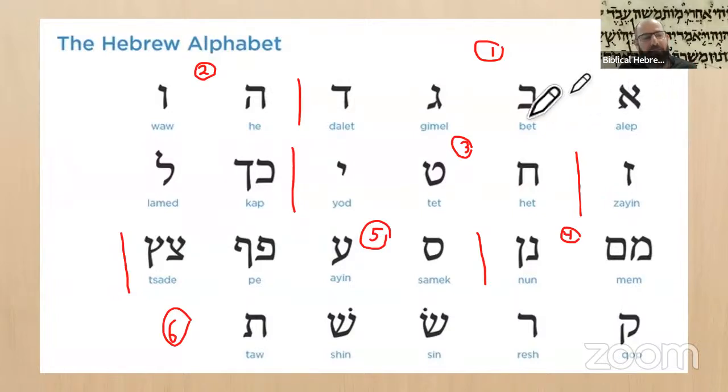Aleph is 1, Beit is 2, Gimel is 3. In English, the sounds of the alphabet do not have meanings, but in Hebrew every letter has a sound, a number, and a meaning. And just to let you know, each letter points to Jesus, which we're going to learn.